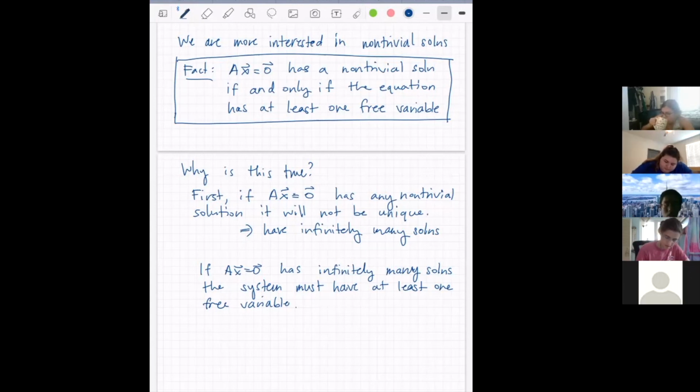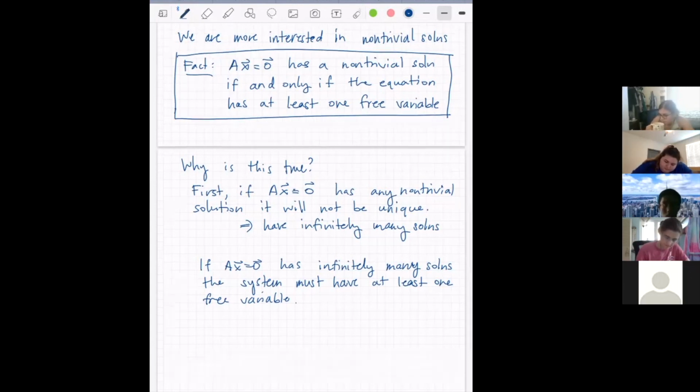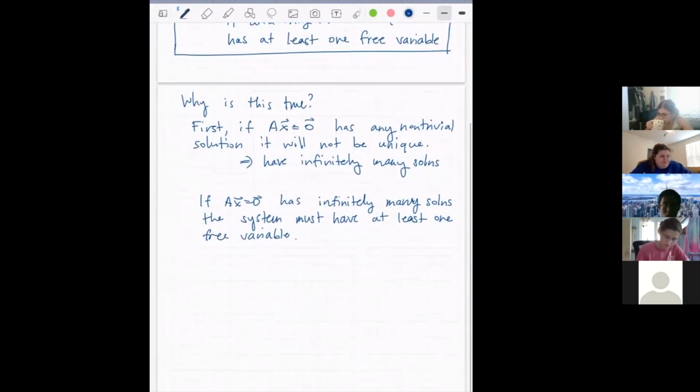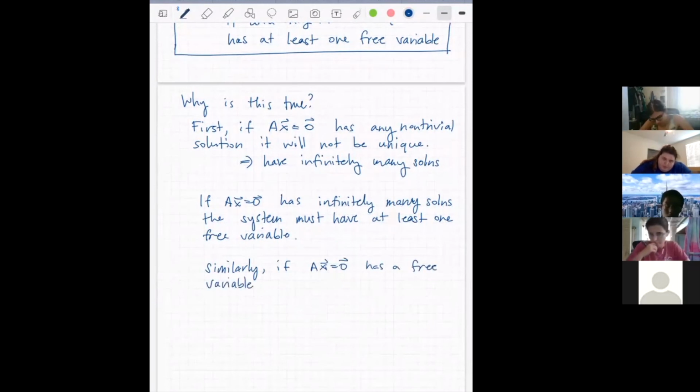Okay, so if there's no questions, I'll assume that this makes sense. And going the other way, similarly, if the equation Ax equals 0 has a free variable, then it has infinitely many solutions.